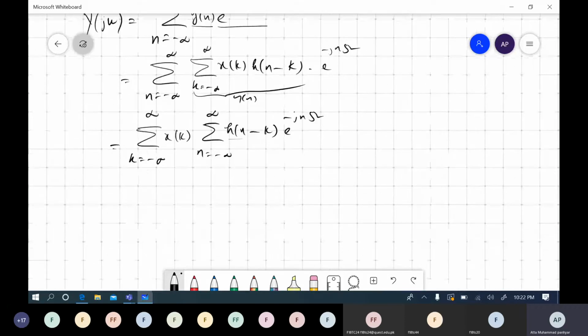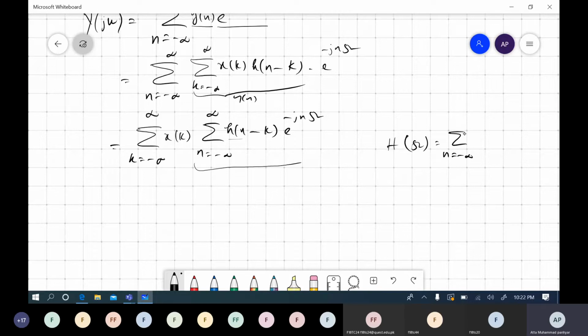So what does this look like? For example, if we calculate H of omega, if you remember, H of omega must be equal to the summation n from minus infinity to infinity, h of n e to the power minus j n omega, right?